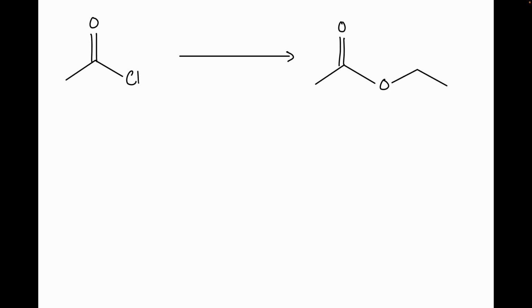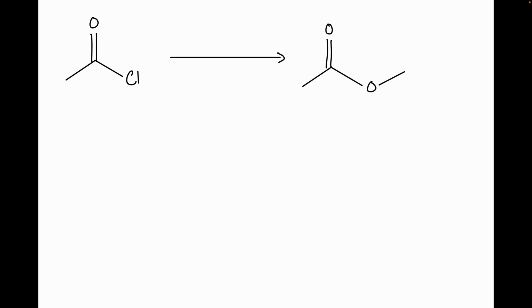All right, we want this to be, let's just do a methyl ester here. What nucleophile should I use? Am I going to use an alkoxide ion, a methoxide ion? No, that'd be way too expensive, unnecessary. I can just add in methanol.